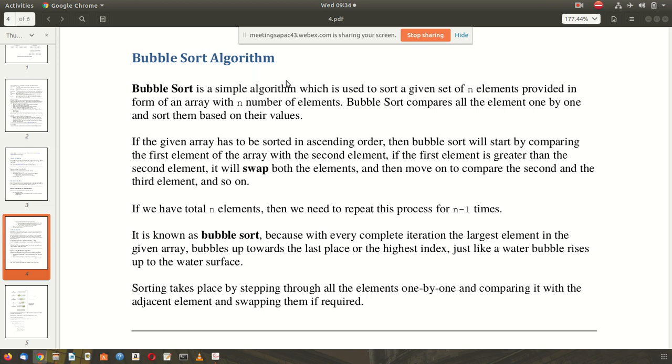Roll number 1 may get suppose 80, roll number 2 may get 70, then roll number 3 is getting suppose 90, roll number 4 is getting 95, roll number 5 is getting 65, roll number 6 is getting 85. So like that, there is no particular order.